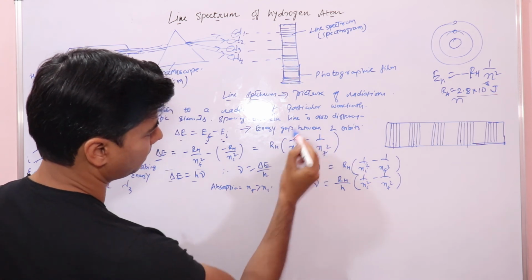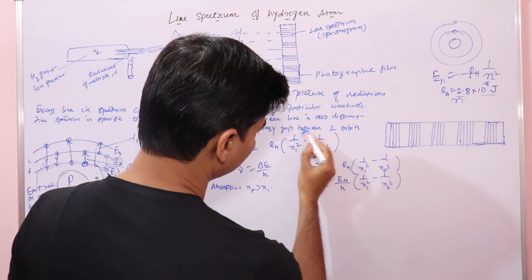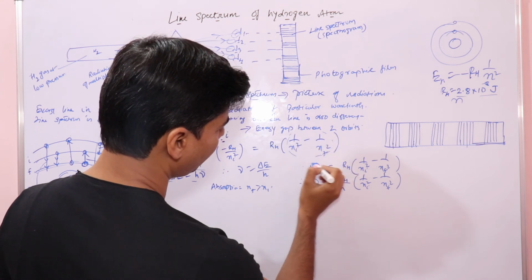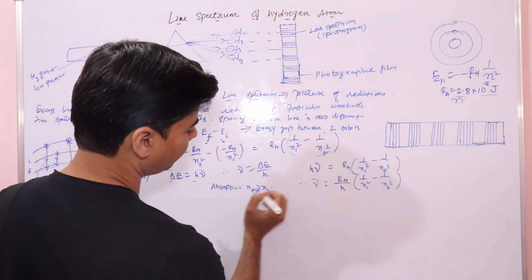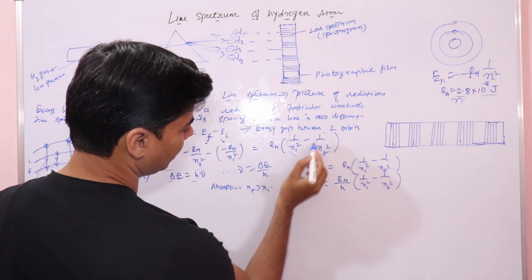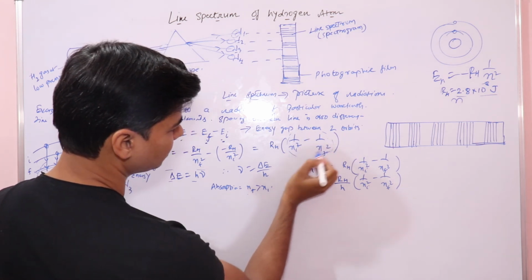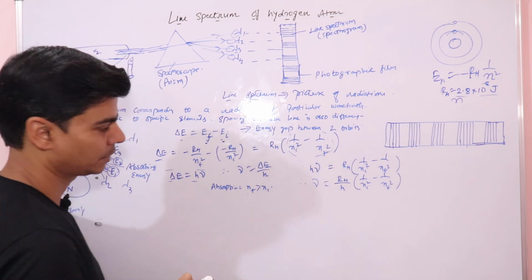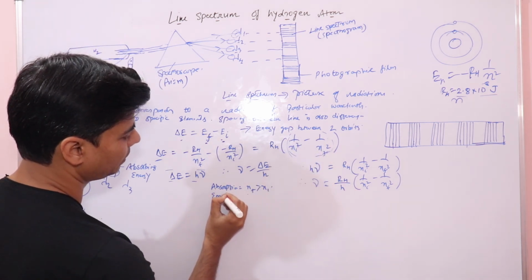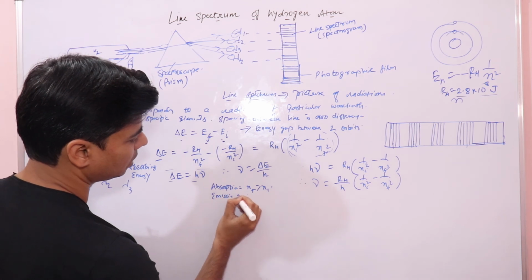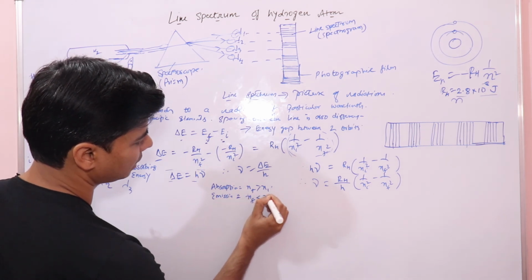So this term would be n_f is greater, so this would be less. For absorption, this internal part is positive, right? Similarly for emission we have n_f is less than n_i.